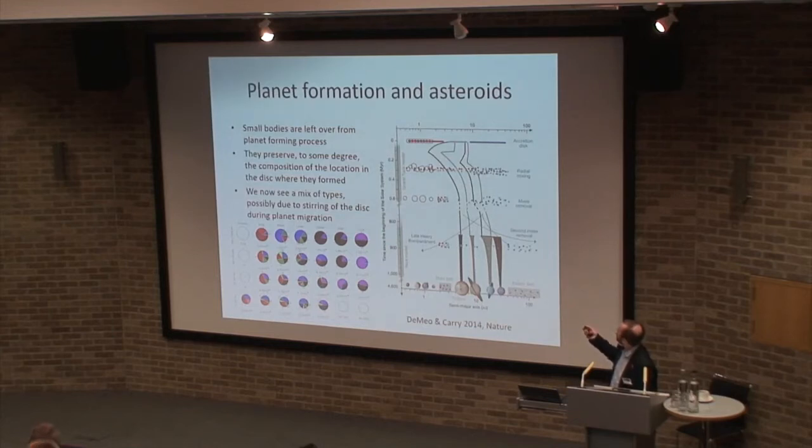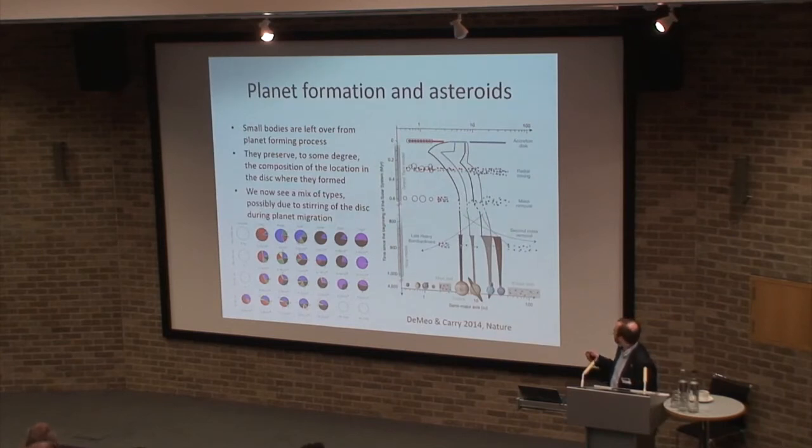And as the giant planets form, they actually migrate. And as they migrate, they throw all the small things around, and you get mixing of all different types. You get small bodies thrown out to form an Oort cloud and so on. Things come in, and you get the late heavy bombardment when a lot of things collide with the inner planets. And at the end, you're left with the solar system as we see it today.